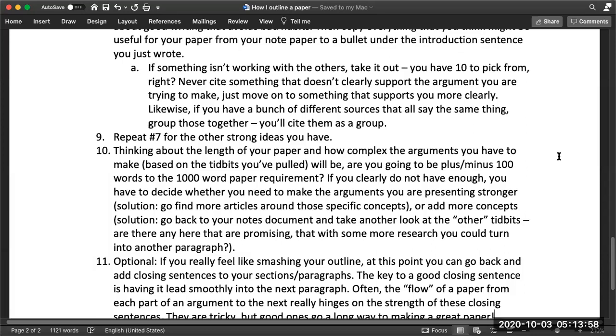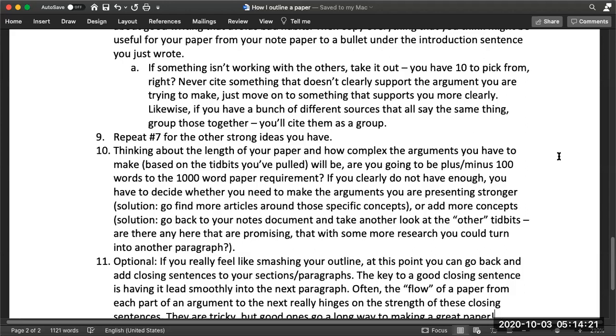to add more concepts. So, inevitably there's always going to be that other section that has things that you pulled out that are important but don't have a whole cluster of things around them, so they don't necessarily fit into these major buckets.